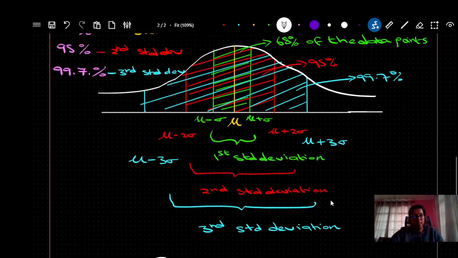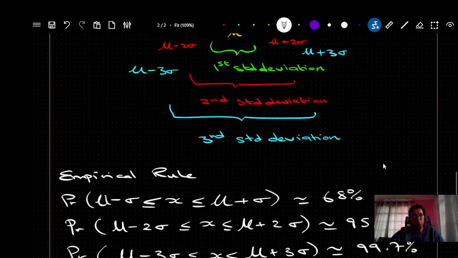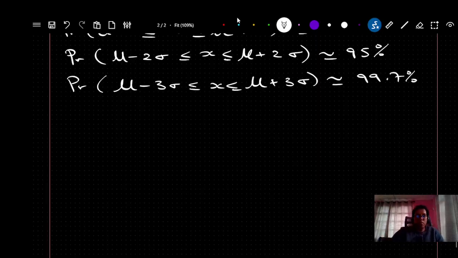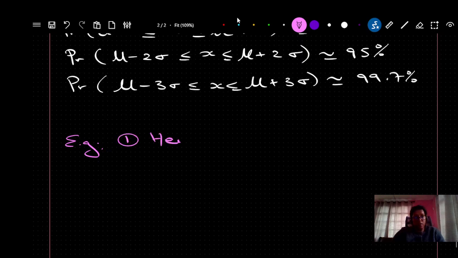So these are examples of normally distributed data sets where you get these empirical formulas like I explained. You get height, you also have weight, and also the iris data set.